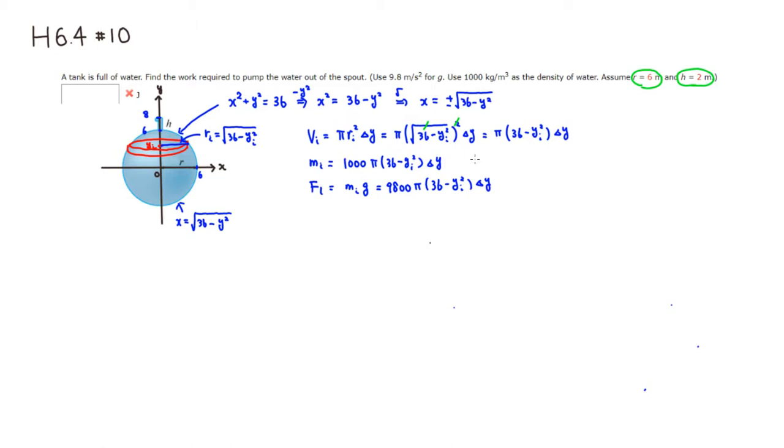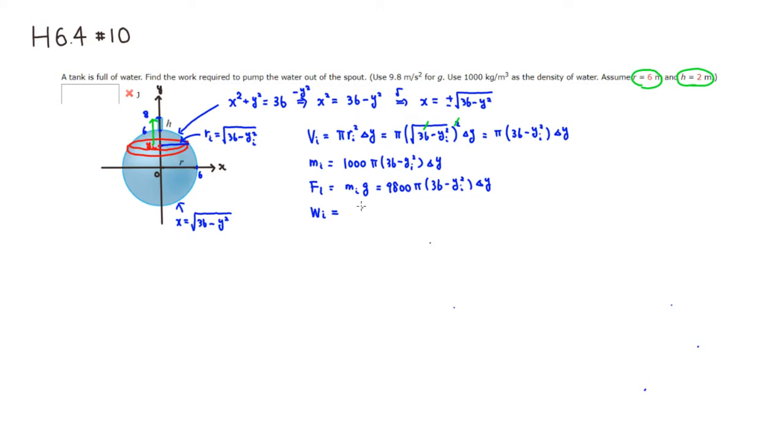Then if you want to find the work required to lift that approximating cylinder full of water out of the tank, you need to lift it from yi to 8, which means you're going to have to multiply by that distance, 8 minus yi.